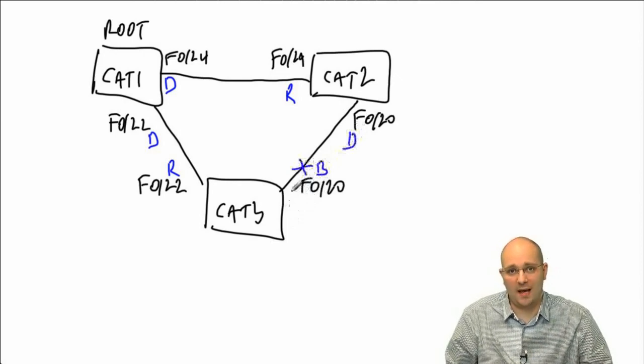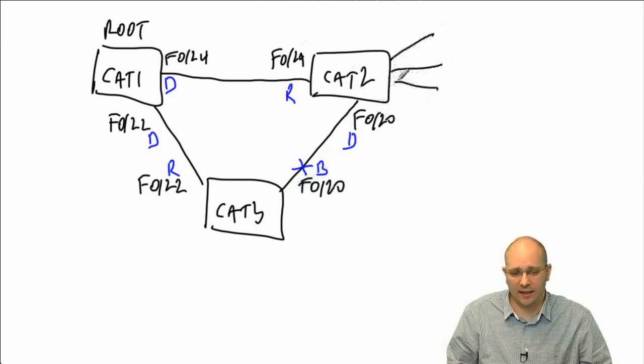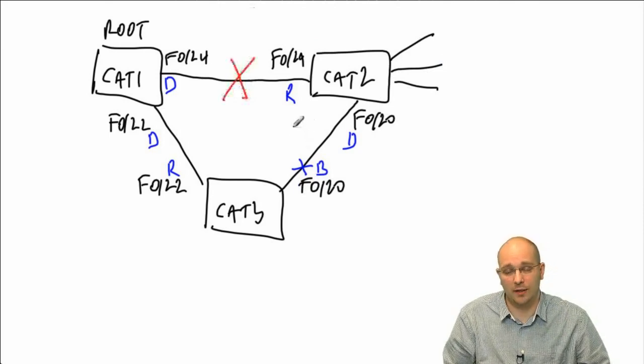Now, what would happen to the traffic on, let's say, hosts behind Cat2 here, should the link to the root fail? If this link here fails, Cat2 will immediately transition to become a root. Why would it become a root?